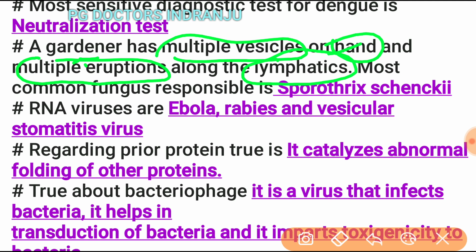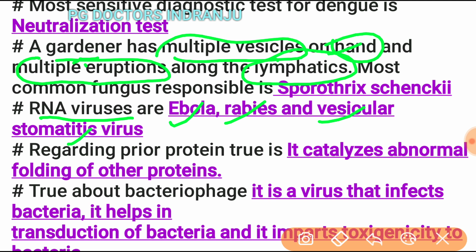RNA viruses include Ebola virus, rabies virus, and vesicular stomatitis virus.